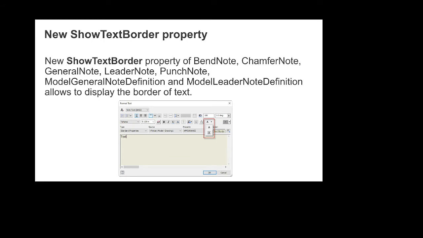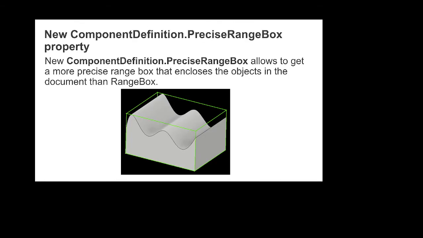ShowTextBorder, which allows us to display the text inside a border, is implemented for all note related objects like bend note, chamfer note, general note, leader note, punch note, model general note definition, and model leader note definition respectively.